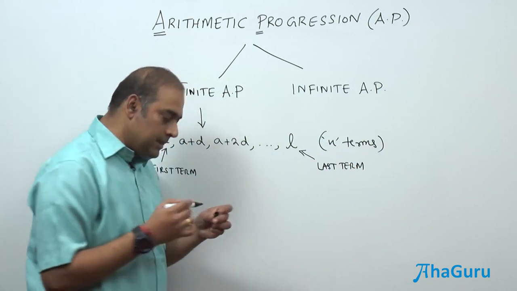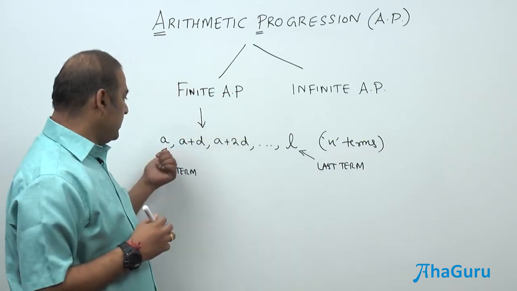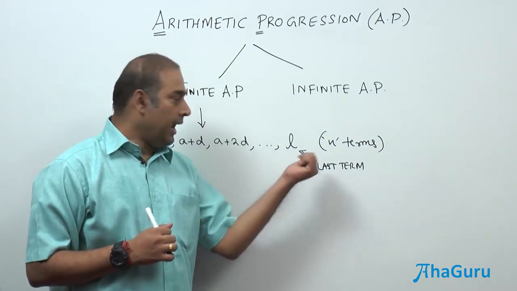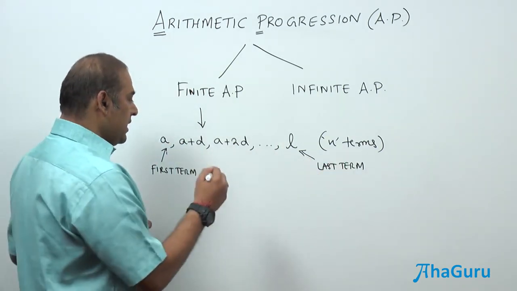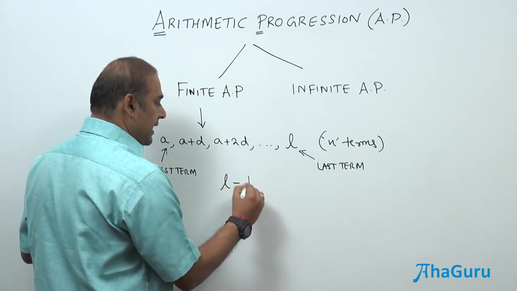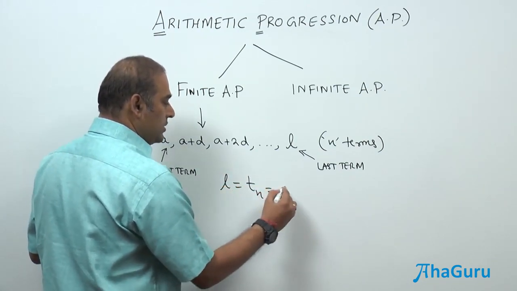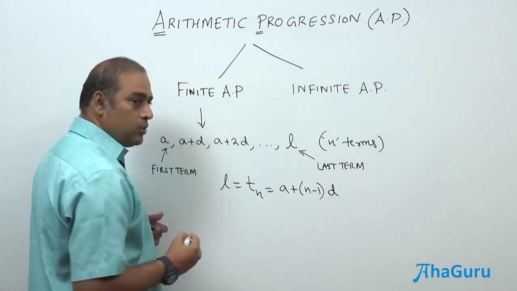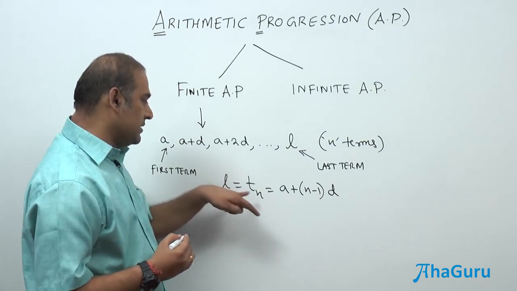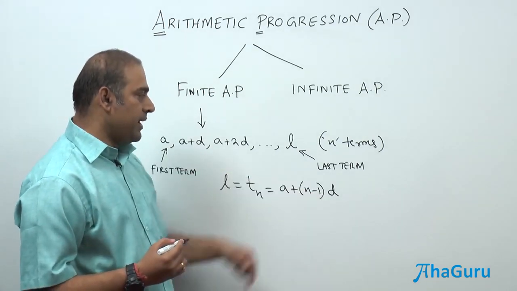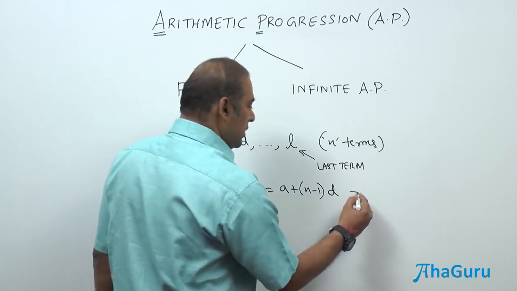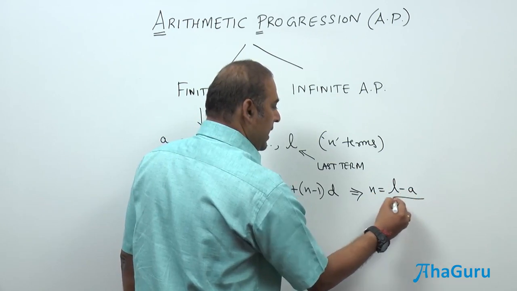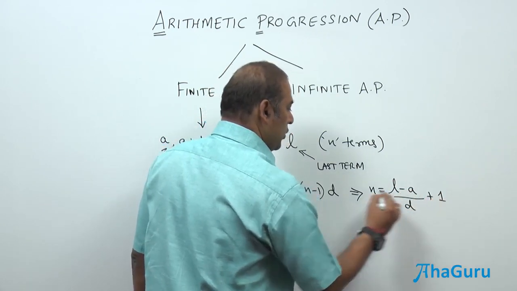So the last term L is nothing but the nth term, Tn, which is A plus n minus 1 into D. In the case of a finite AP, the last term is the nth term, A plus n minus 1 into D. From this, we can say n equals (L minus A) by D plus 1.